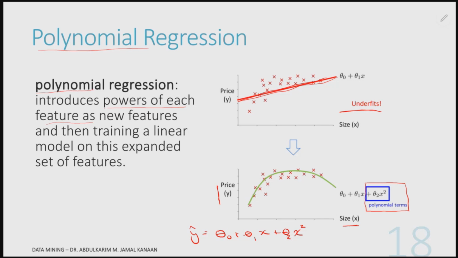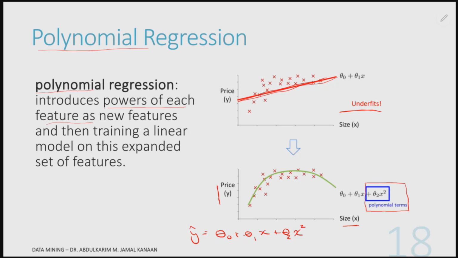Maybe later, in another session, we can talk about different types of regression. But this is polynomial regression, where you introduce powers to your feature. Of course, this has a negative side if you have many features. Let's say you have 100, and you introduce powers of 2 to the same 100, so you end up with 200 features.